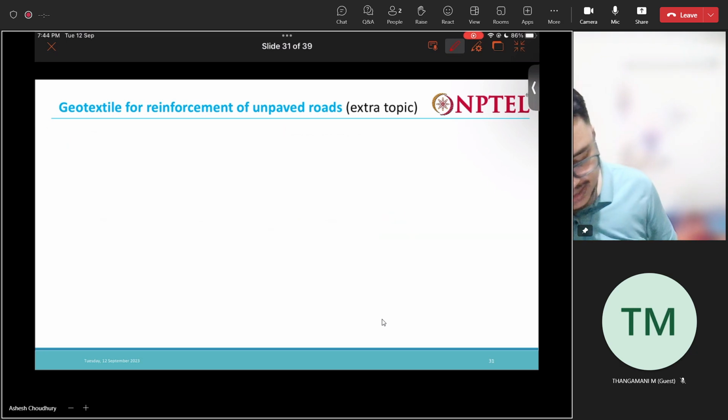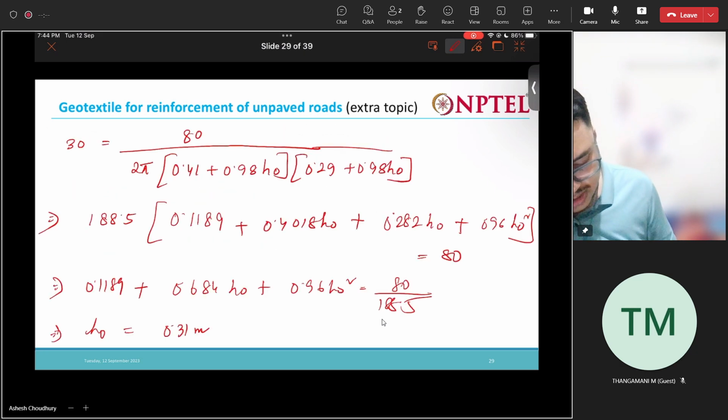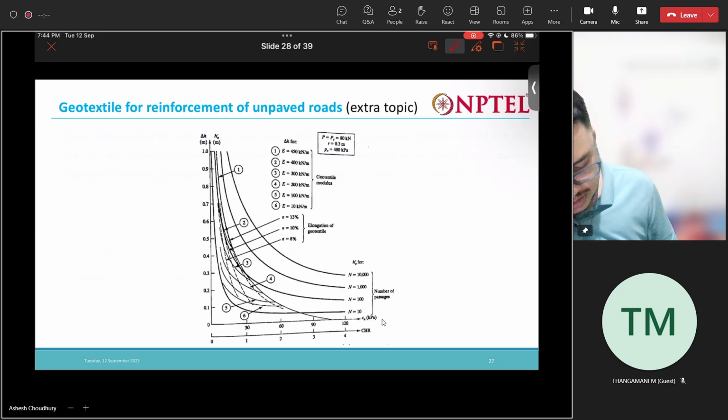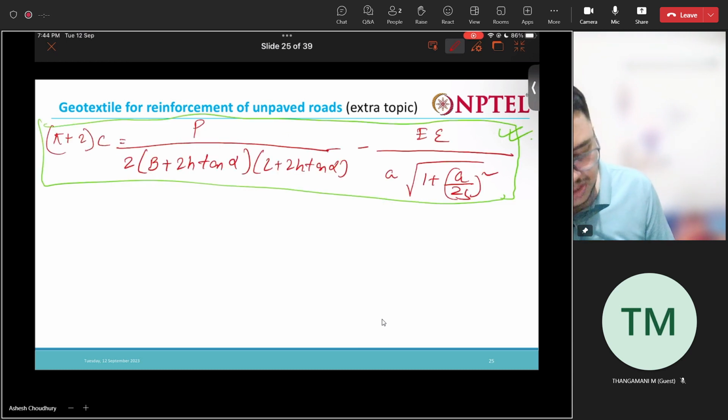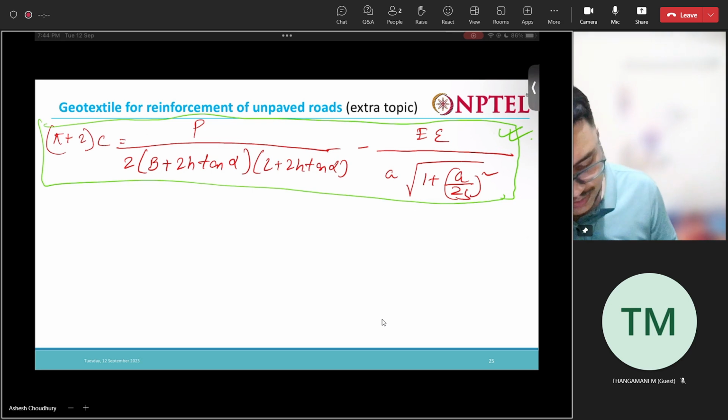I'm just writing this expression, putting the values in this expression.